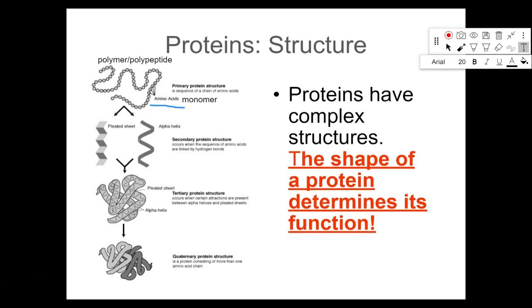Right? Proteins have this complex structure. The shape of protein determines its function. An example of this is hemoglobin, right? And here's a little hint for those of you who like biology, or have a test coming up. Whenever you see the letters IN, a lot of times that is going to signify that it's a protein, right? Hemoglobin, pepsin, trypsin.